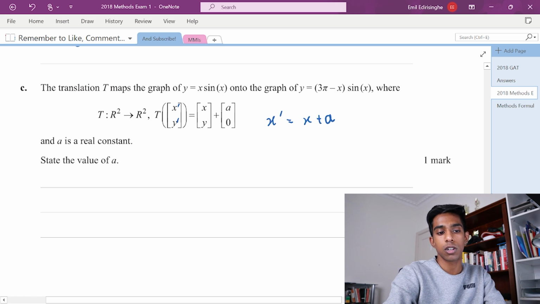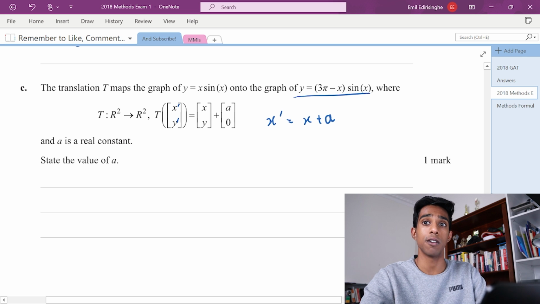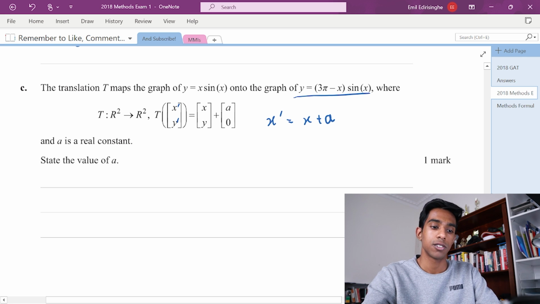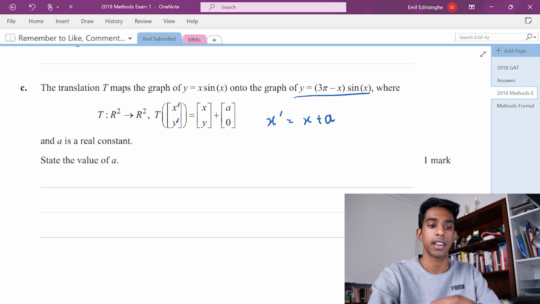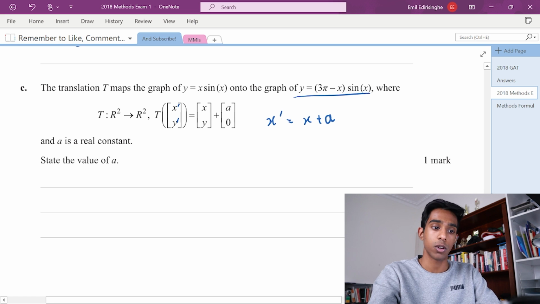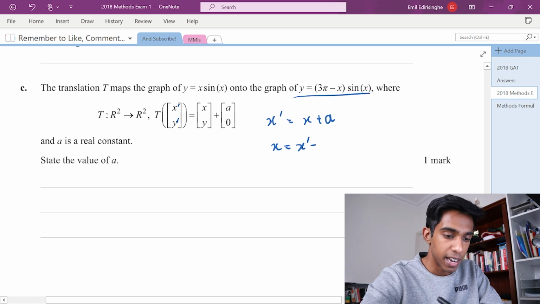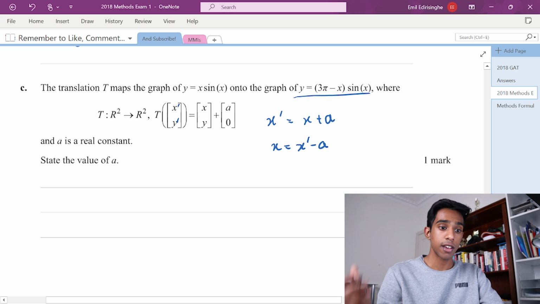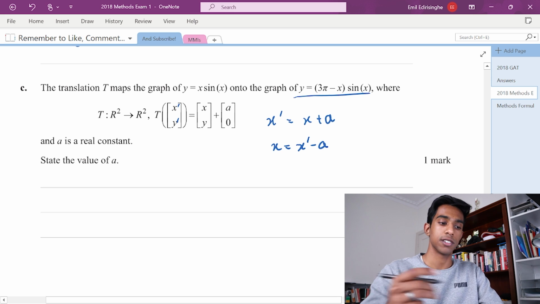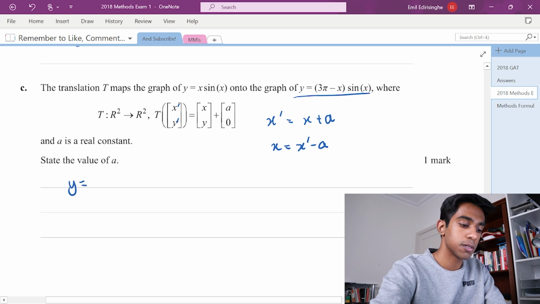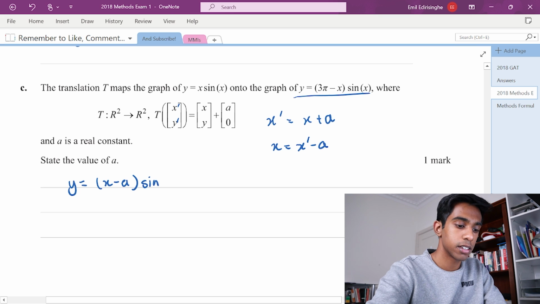And the original equation is in terms of x and y. So as a result, we have to put in x and y into the equation. So therefore, what we're going to be substituting in will be x equals x dash minus a. So therefore, the translated equation is going to be y equals x minus a, sine of x minus a.